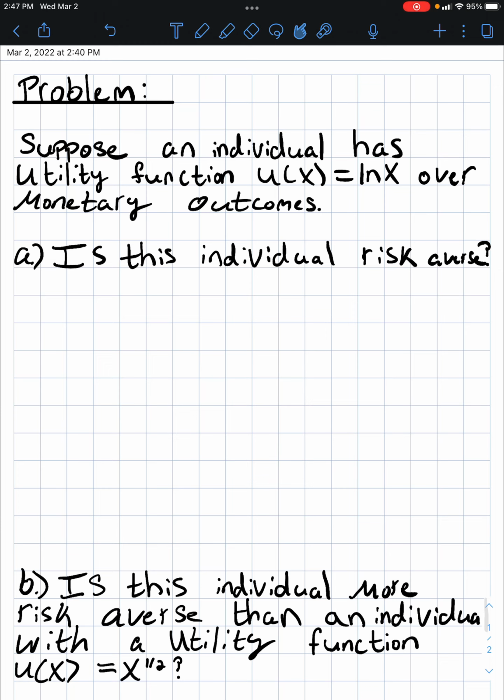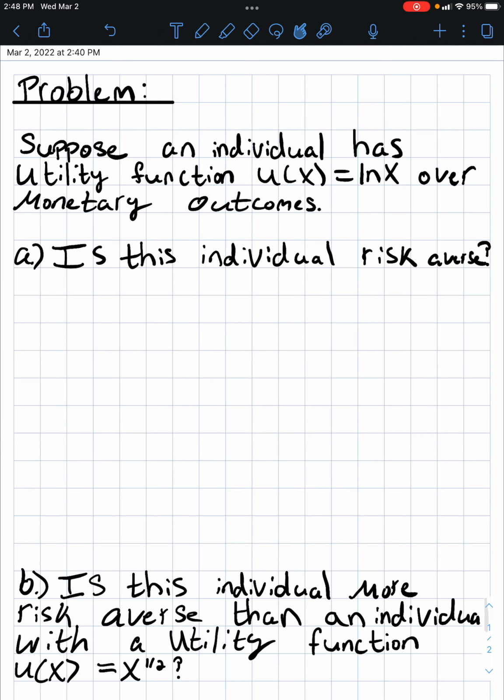If it's concave, it shows risk aversion, because risk aversion is having a concave shape over x. So let's solve this.